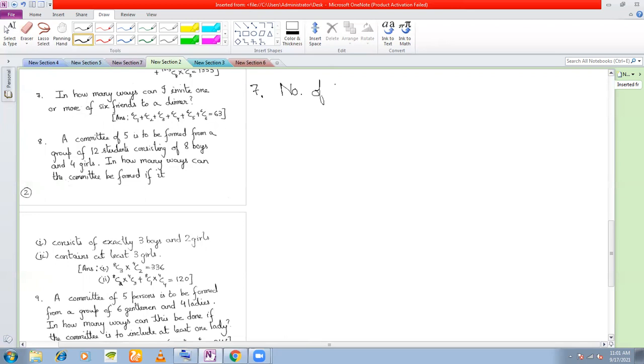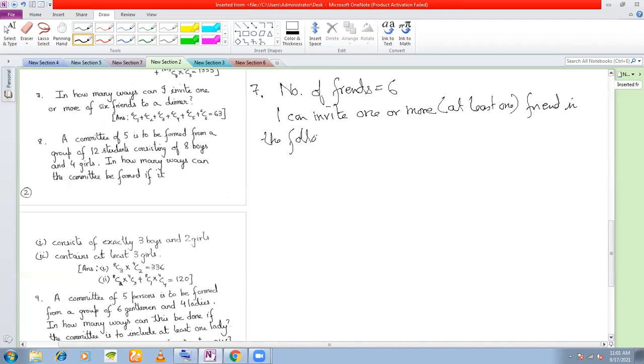Number of friends equal to 6. Now I can invite one or more, means at least one friend, in the following ways. What are the ways?